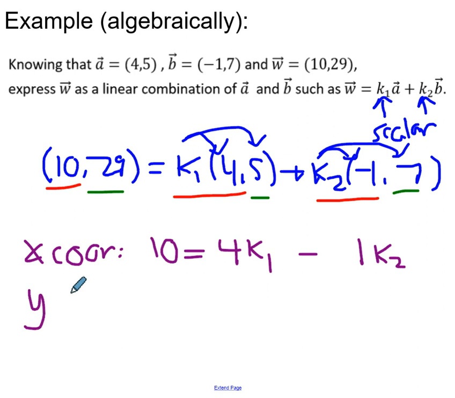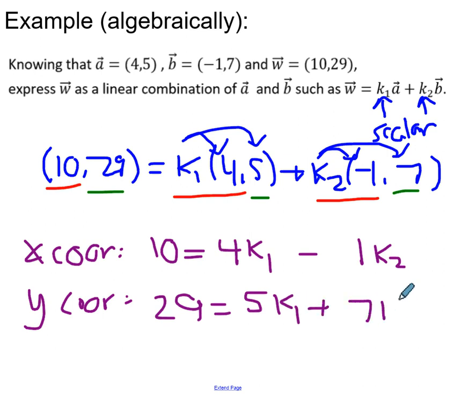Can I do the same for my y coordinate? What would I get? So you should get 29 is equal to 5k1 plus 7k2.